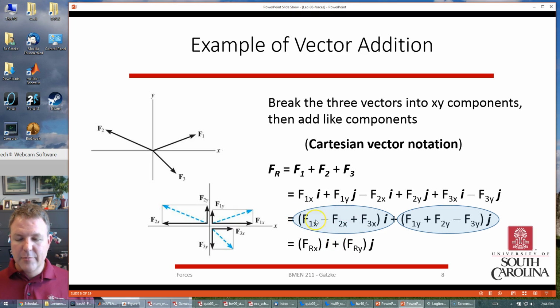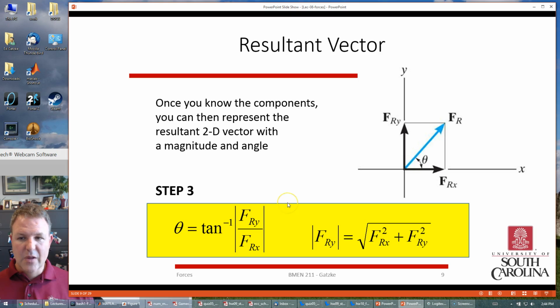So this is what we're going after, the values of x and the values of y. Once you know these values, then you can back out the angle and magnitude for the resultant vector. So what does that mean? Well, if our resultant vector is in the first quadrant, we know its size is basically the distance from the origin: the resultant x component squared plus the resultant y component squared.